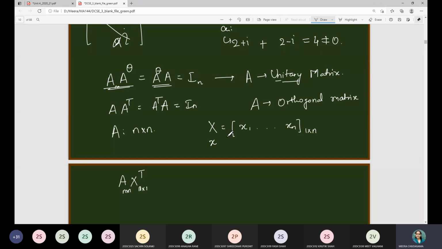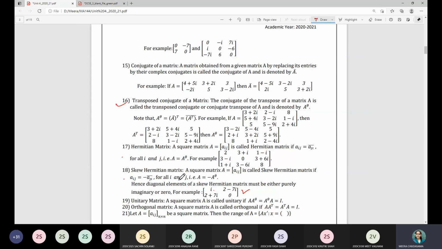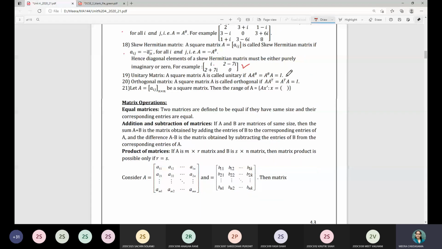When you consider the set of all such matrices A into X transpose, where X is any row matrix, this set is called the range of A. So that is what we have in this note: unitary matrix, orthogonal matrix, and range of A.